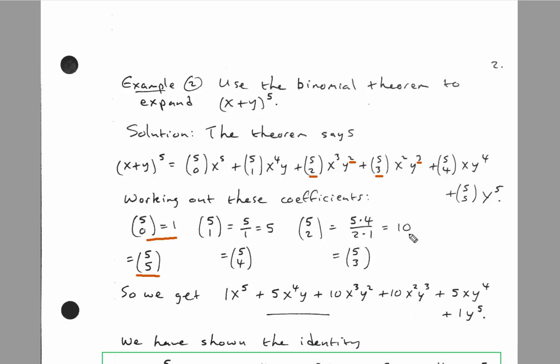So 20 over 2, that's 10. Okay, we're just using this symmetry. Remember, n choose r is always equal to n choose n minus r.